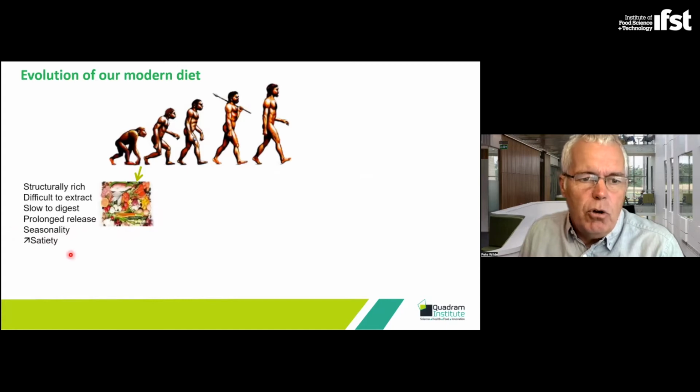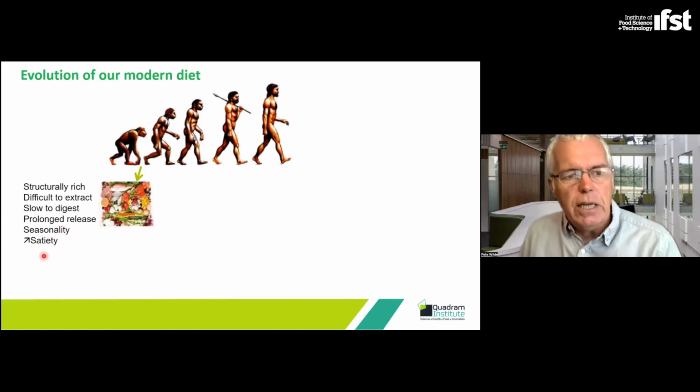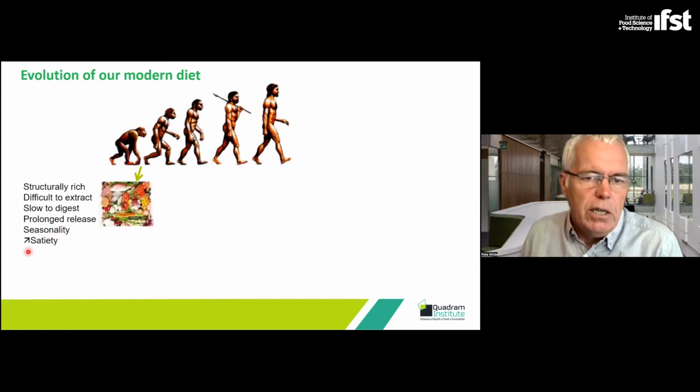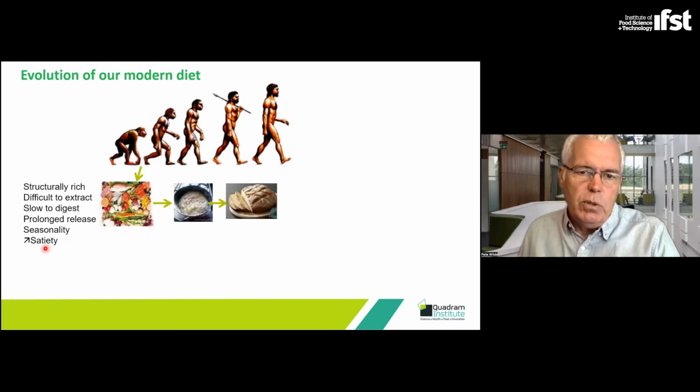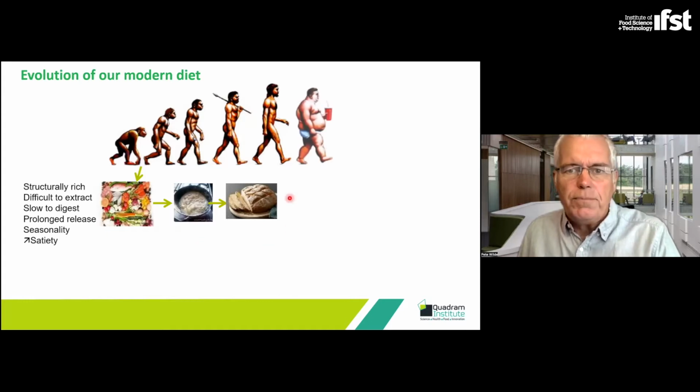And this is all controlled by our appetite signaling networks, controlling our satiety to control how much food we take in. As we further developed our ability to process and transform those foods, this went in parallel with our evolutionary development. So what is the upshot for modern man?